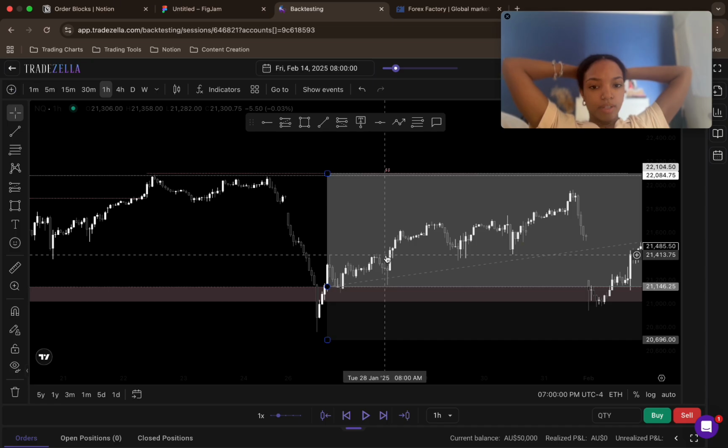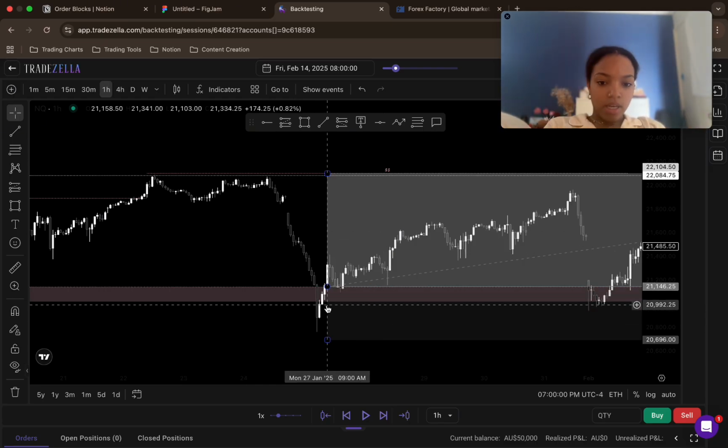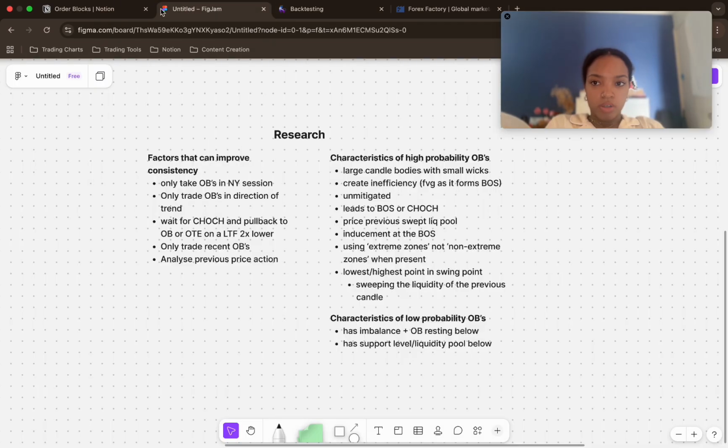It would have been a lower or higher risk to reward, so we can essentially say that we entered at this point here, which is as soon as price came above the order block. So I'm going to note that down as well.